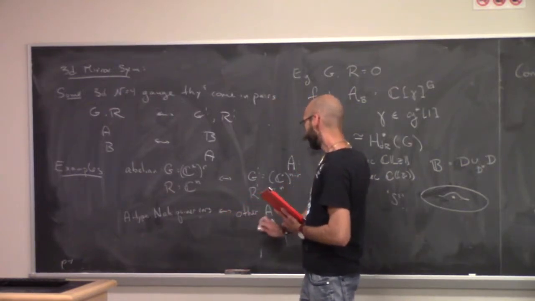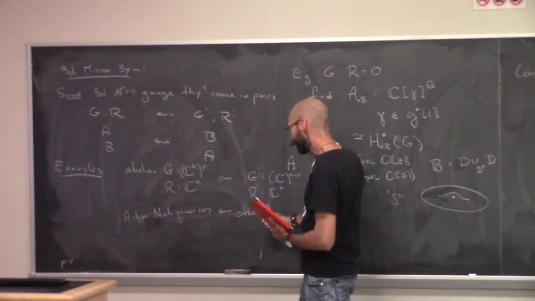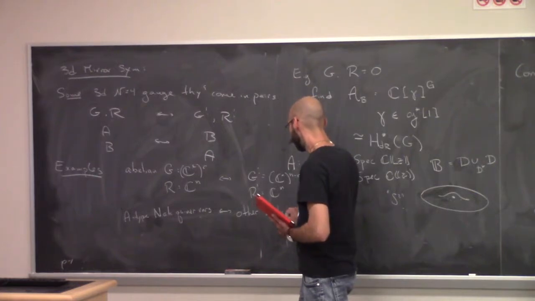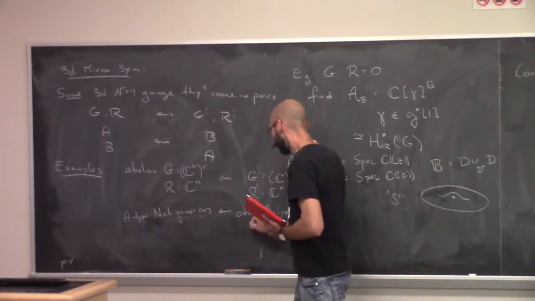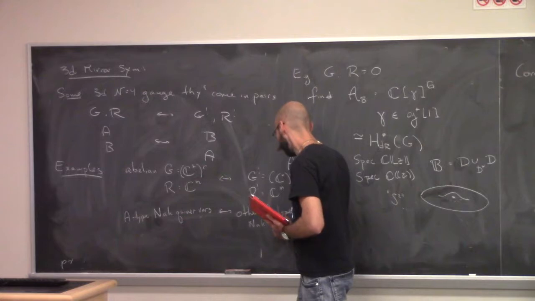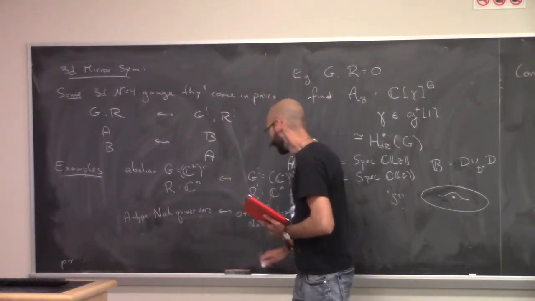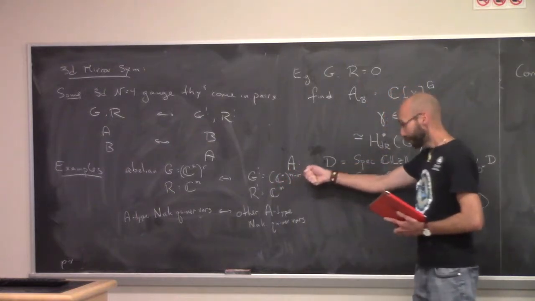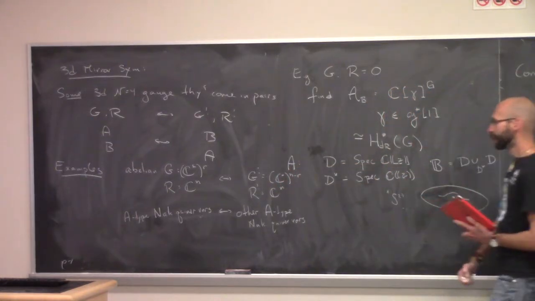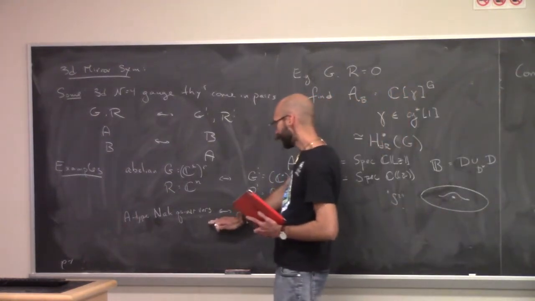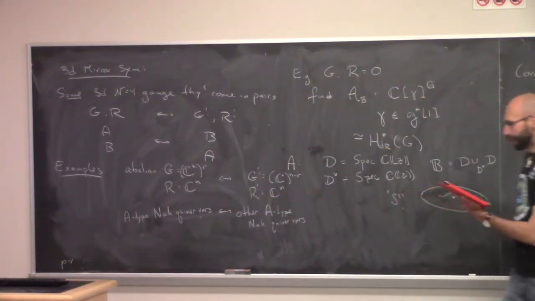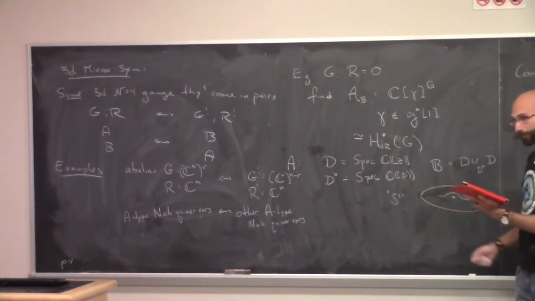So Nakajima quiver varieties are mirror to other A-type Nakajima quiver varieties. It's not mysterious. In both cases, there's a prescription. The mirror prescription here is from Hanany and Witten, and uses brane constructions.